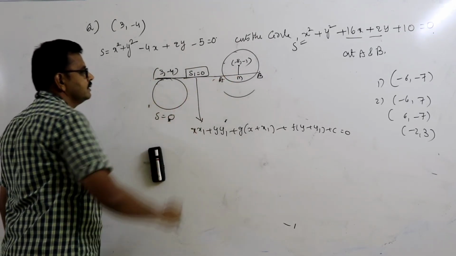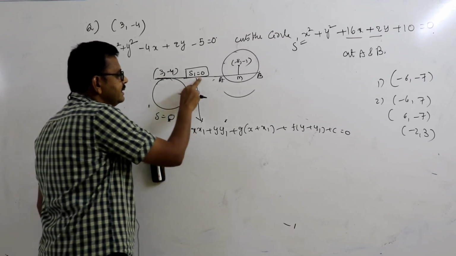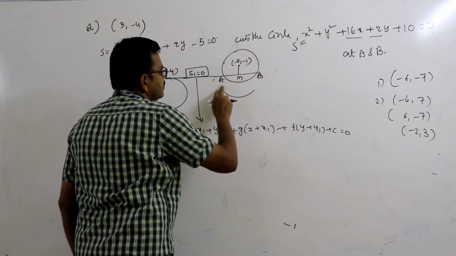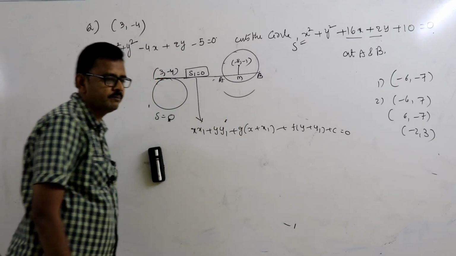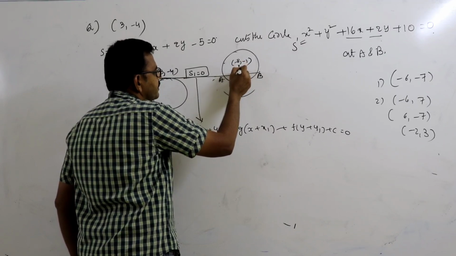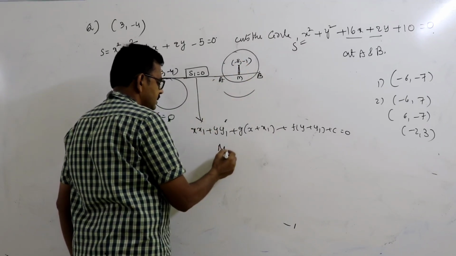Now we get the tangent equation. This tangent cuts the circle S dash equal to 0 in 2 points.